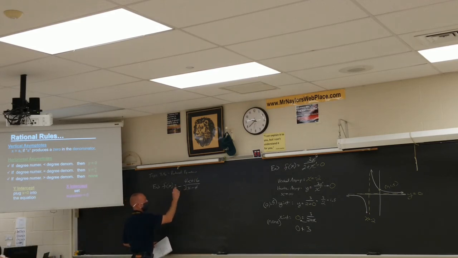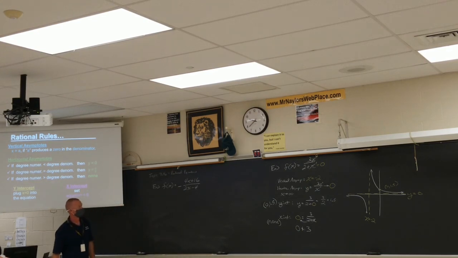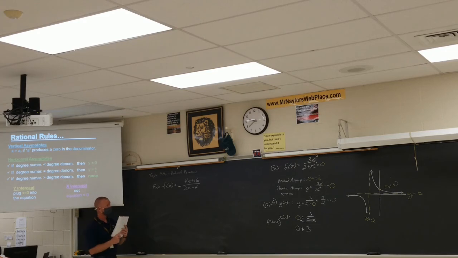This negative sign would be in front of the fraction, and we'll have to see what's what with that. All right, the opposite of 4x plus 16 all over 2x minus 4.